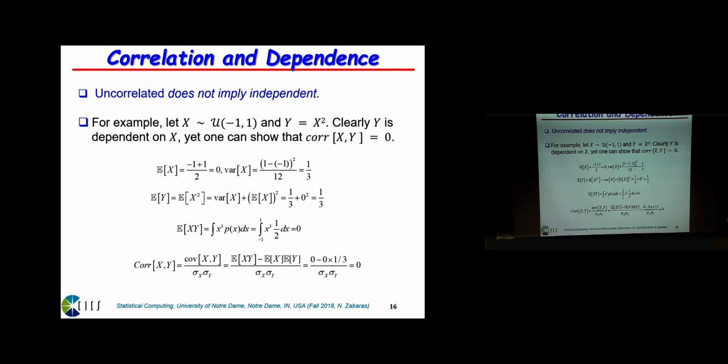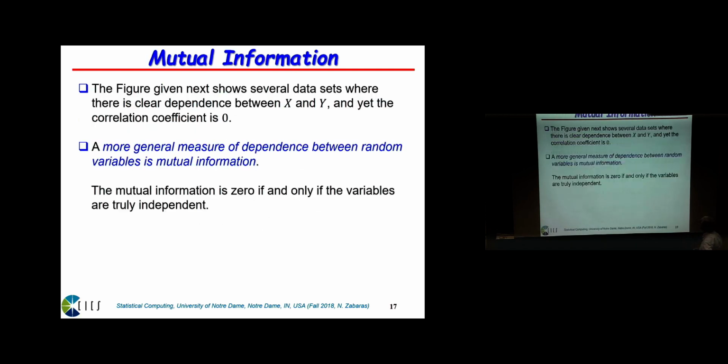You give me x, I'll tell you what y is. When I do the calculations, and you should do them and tell me if I did something wrong, the correlation coefficient in this case comes out to be 0. And it goes back to what I told you: if the relation is nonlinear, you don't capture it with a correlation coefficient. The algebra is very simple, so please look at it as an example.